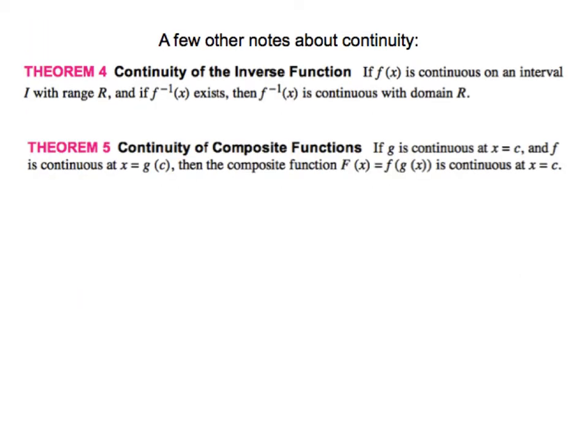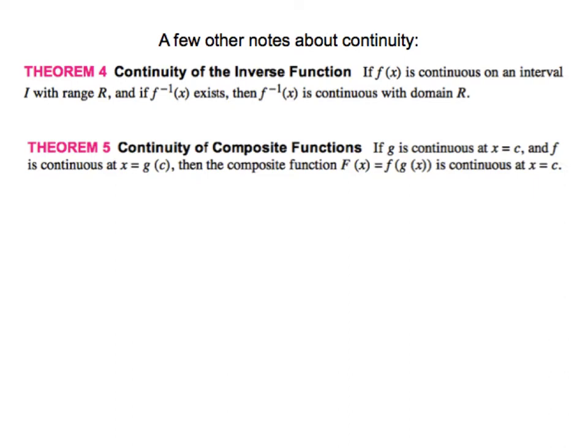Inverse functions. If f is continuous on an interval I with range R, then f inverse exists, and f inverse is continuous with domain R, right? So we switch those.